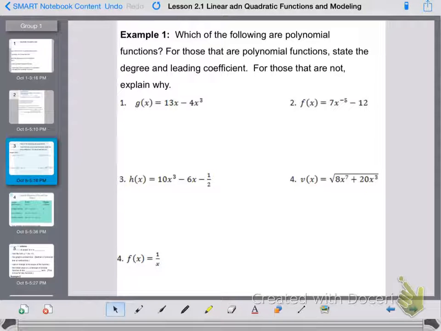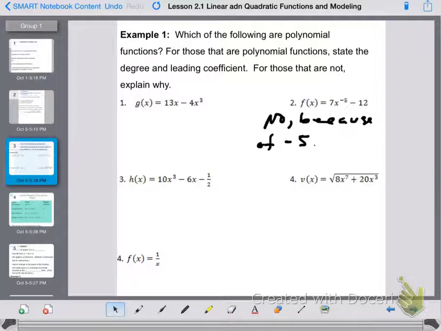Number 2, we have f of x equals 7x to the negative 5th minus 12. This is not going to be a polynomial function because of the negative 5 as the exponent. Alright, so we can't have negative exponents.